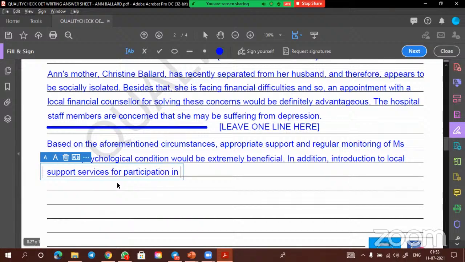Introduction to local support services for participation in community activities is advised, or recommended, or suggested. Introduction is advised.